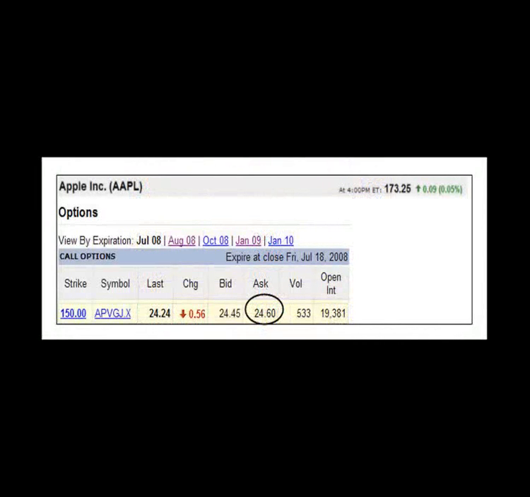Let's look at an example of an in-the-money call option purchase. This option quote shows that the Apple July 150 strike call options are currently trading at 24.60 points. Apple stock is trading at 173, so purchasing the 150 strike call would be considered an in-the-money call purchase, as the strike price is below the current price of the stock.